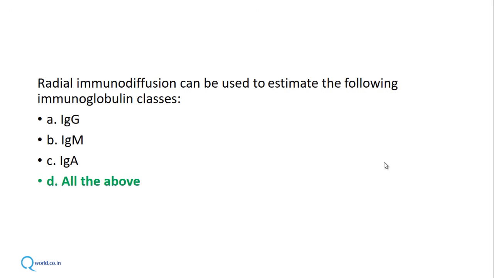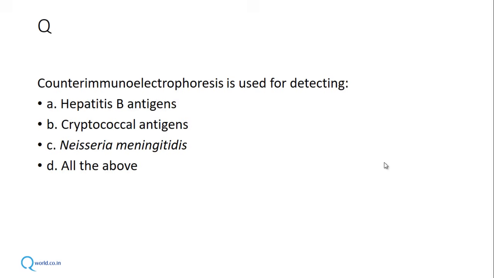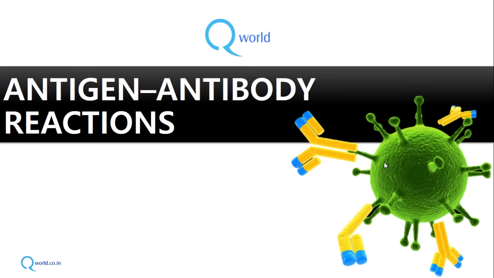It can detect all the immunoglobulin classes. Counterimmunoelectrophoresis is used for detecting antigens. It can detect almost all antigens.